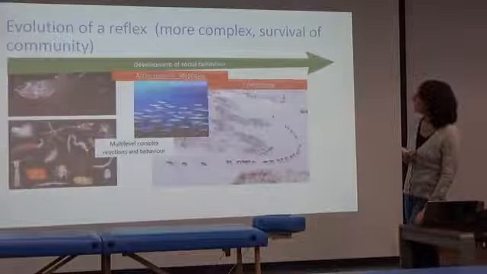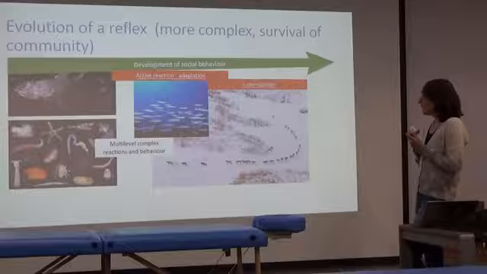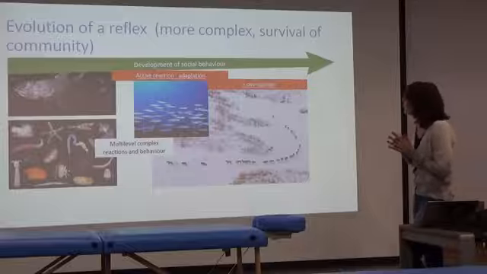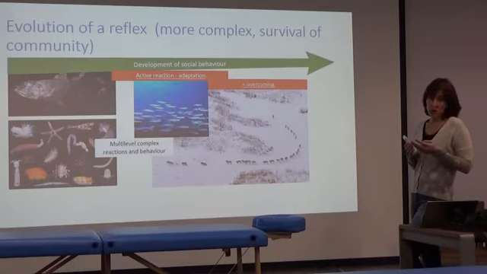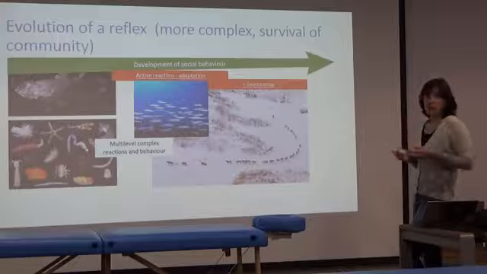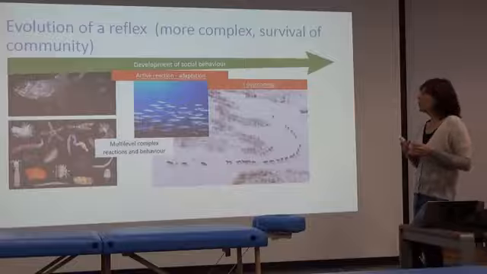Then we have more complex behavior. And those are the mammals. Their active reaction is adaptation, because they get into an environment which is constantly changing. The change of the season, the change of the food available, and they already live in a society, and they've got many, many complex reflexes, which we can already call behavior.